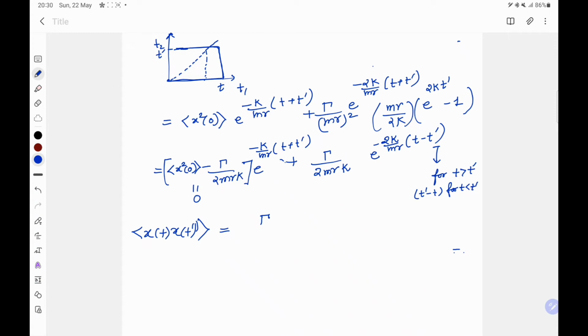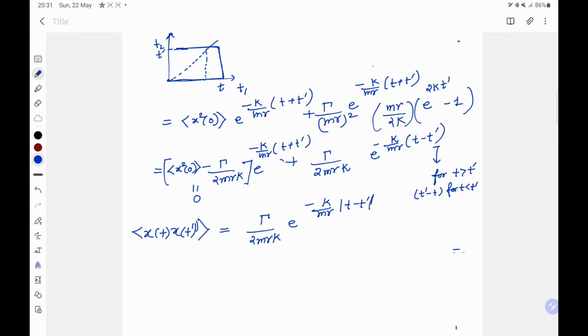So again, as in case of the velocity correlation, we shall have this kappa e to the power minus 2k over m gamma mod t minus t prime. Okay, yeah, there will be no 2 here, there is no 2 here, and there is no 2 here also. Okay, so we will just have kappa.